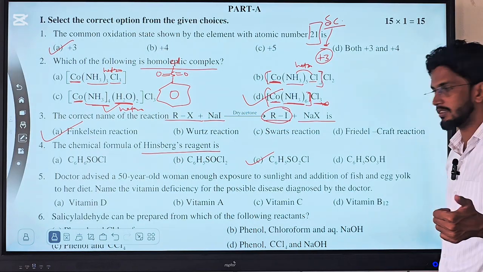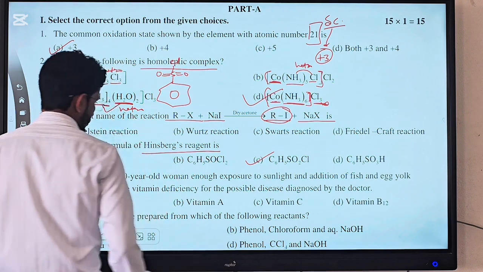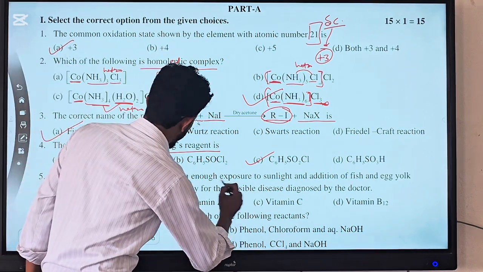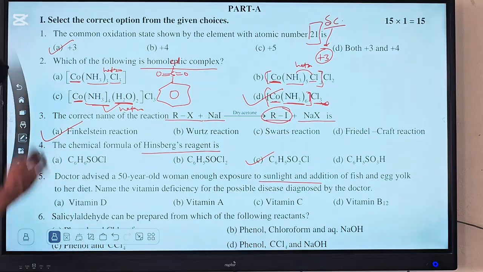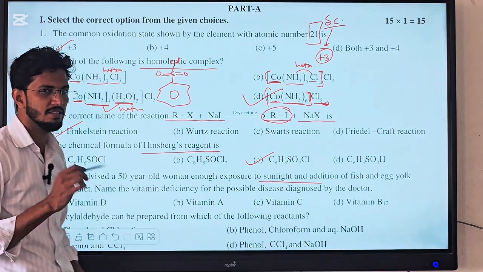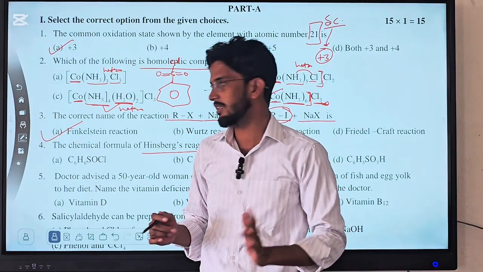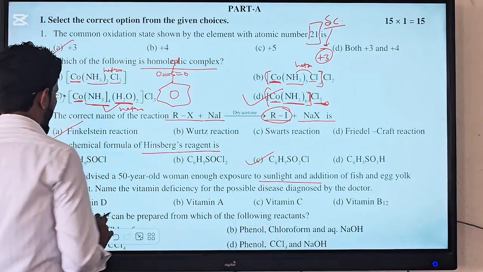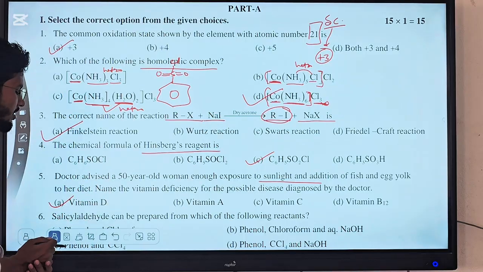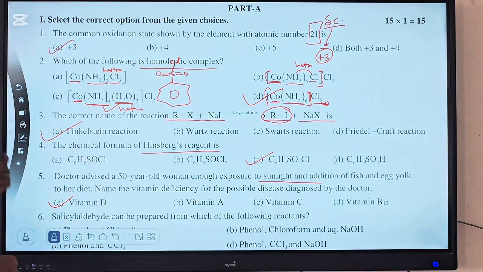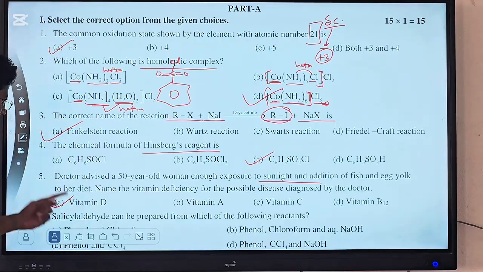Now see, if the doctor advised going into the sunlight, that indicates a deficiency of vitamin D, because from sunlight we get vitamin D. Some type of rickets-type disease was identified by the doctor. The answer will be A. The answer of question number 5 is A, vitamin D.